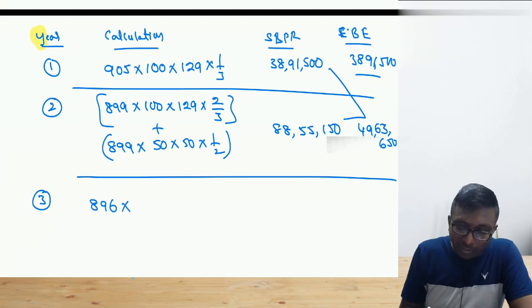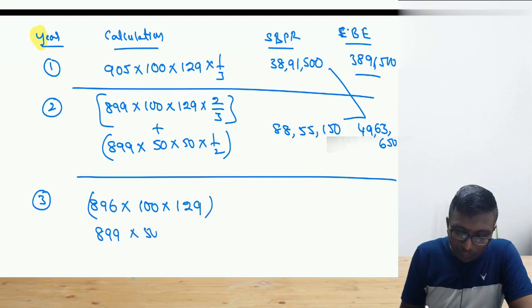Third year. How much? 896 into directly 150 I can keep. No, different. How much is this? 100 into 129. Correct? Yes. Next is what? 899 into 50 into 50.